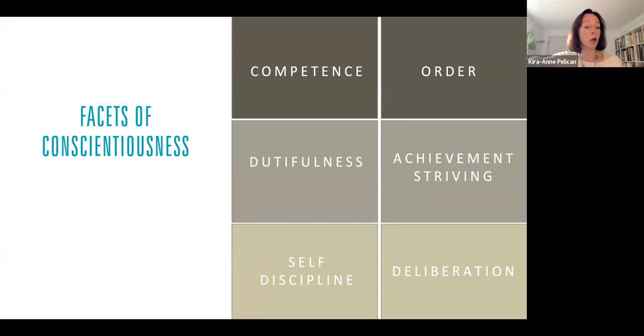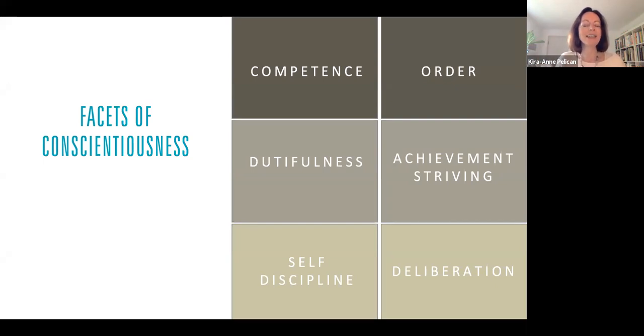That could be towards work, towards family, towards both or one or the other. So it can also be contextual. They are typically high on achievement striving. That means they're goal driven. Not everybody is goal driven. They're typically self-disciplined and slower, deliberate thinkers rather than spontaneous.